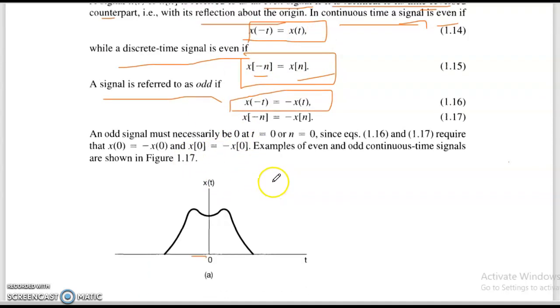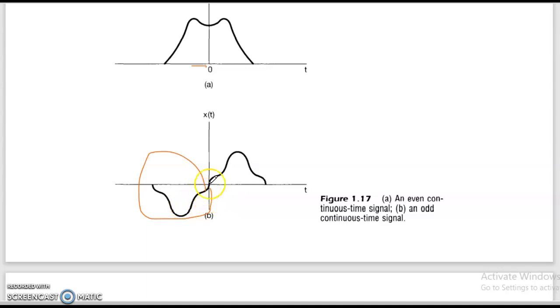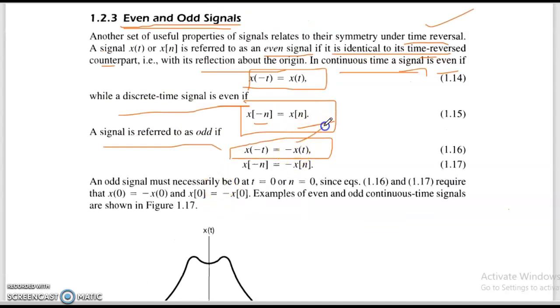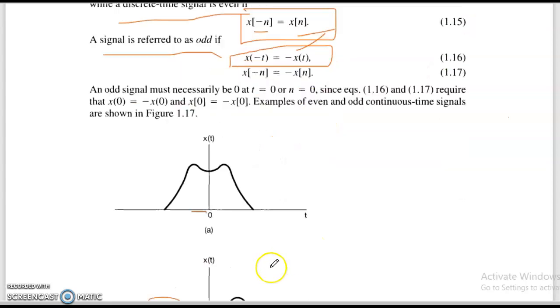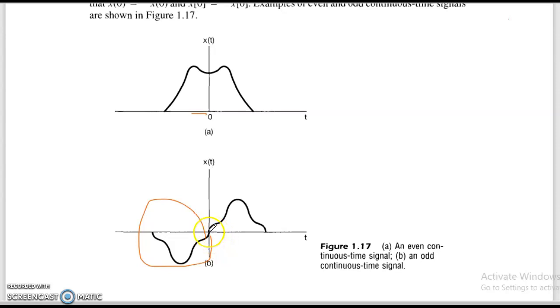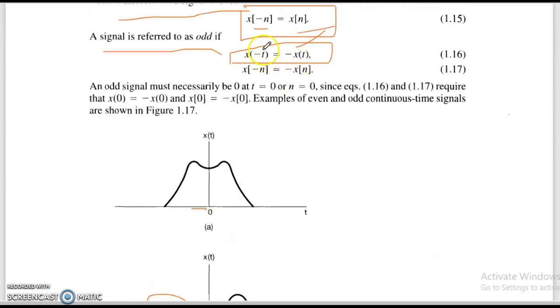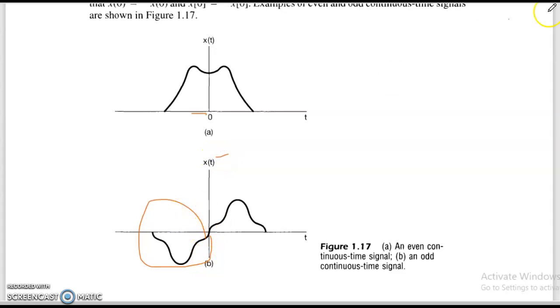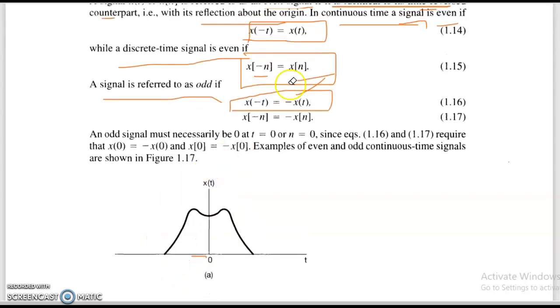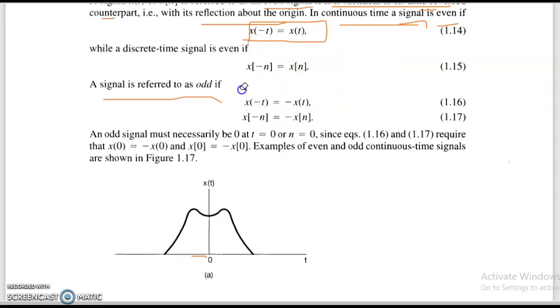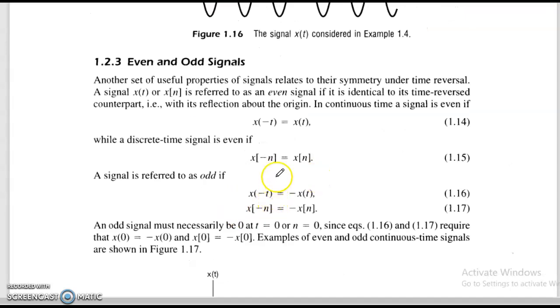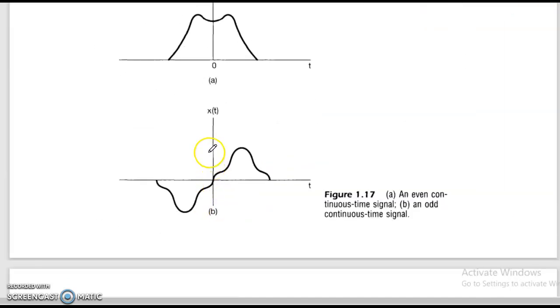That is, x of minus n equals minus x of n. Here x of t, x of minus t.